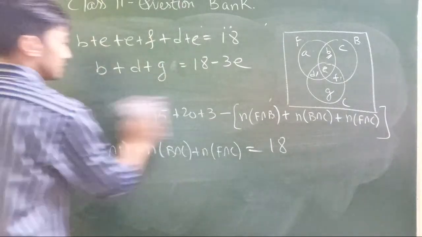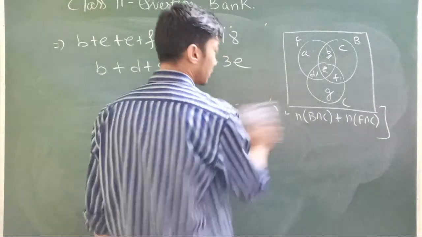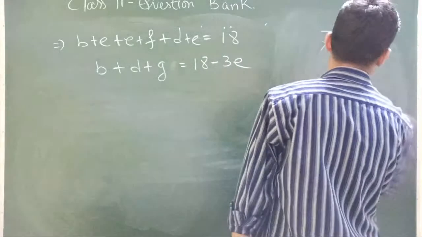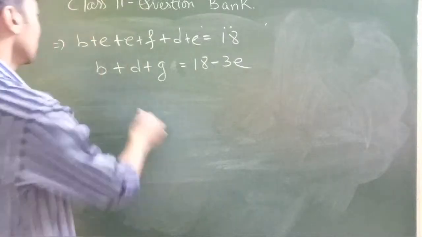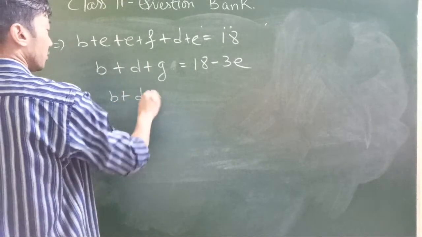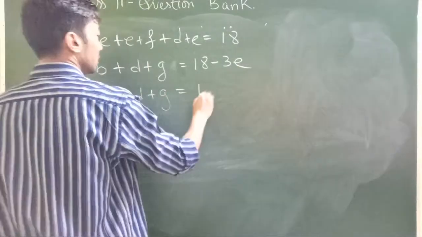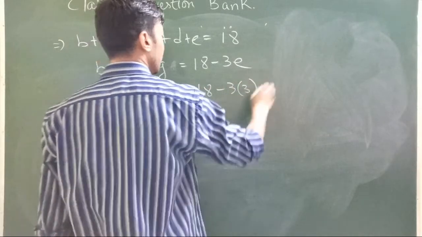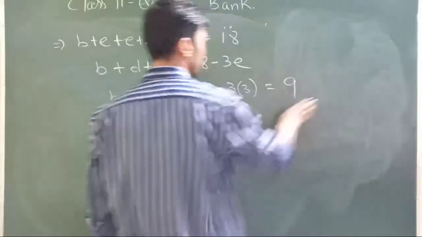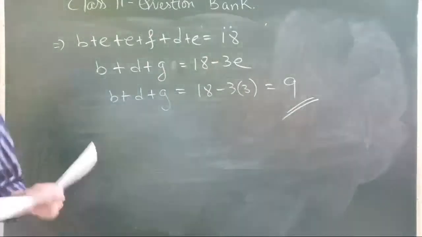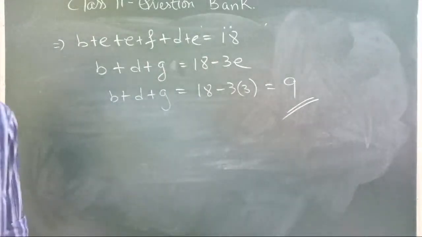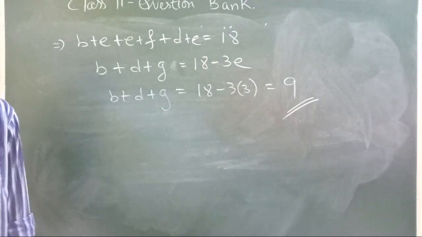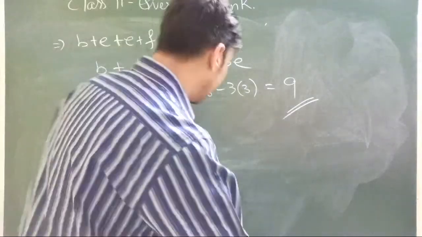Taking it to the other side, simple calculation: 18 minus 3 times 3, 3 threes are 9. So the number of people who are getting medals in exactly two of the three sports will be 9. Alright, so that's the solution to it.